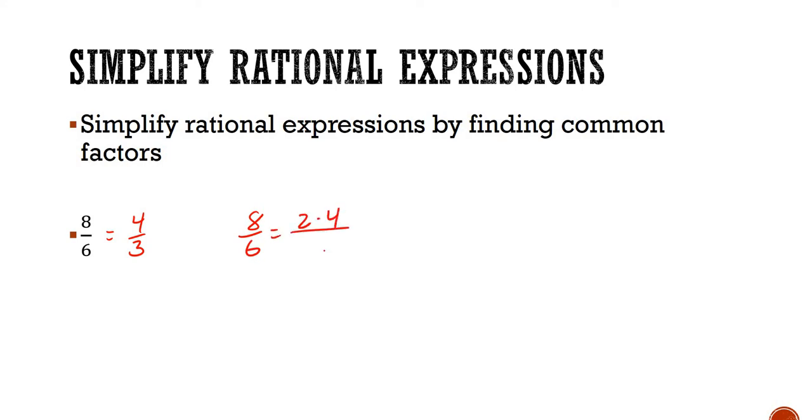In reality, what we're doing is we are saying that 8 is 2 times 4, 6 is 2 times 3. When I multiply, I can cancel like factors top to bottom, because 2 over 2 times 4 over 3, this is just 1, and when I multiply 1 times anything, I have itself.